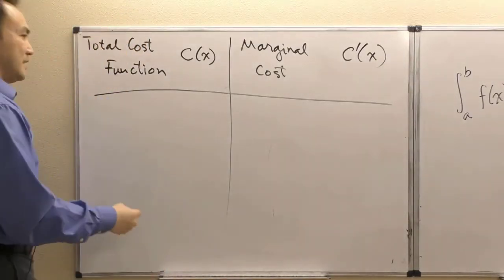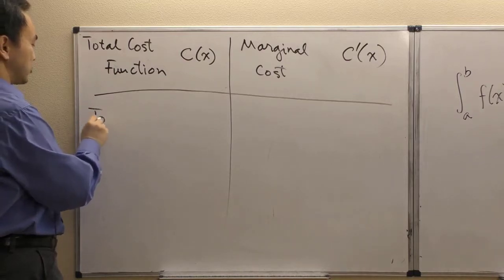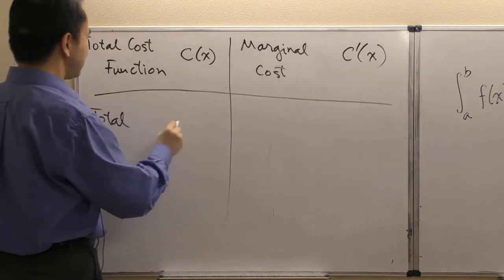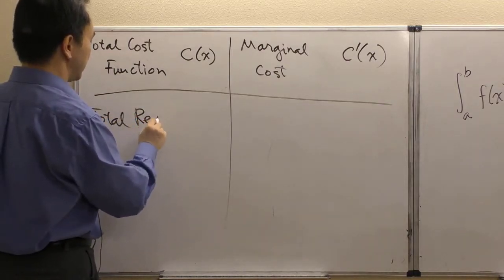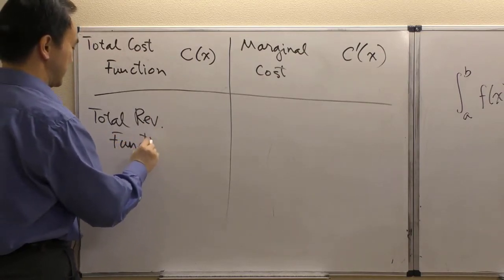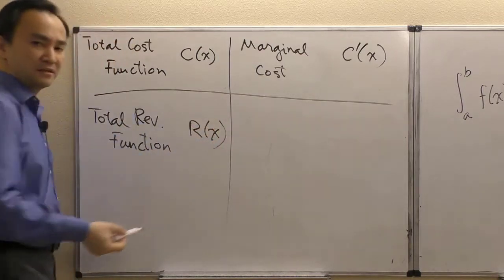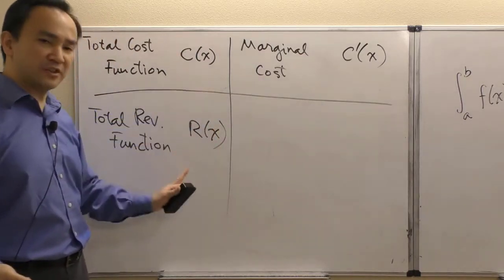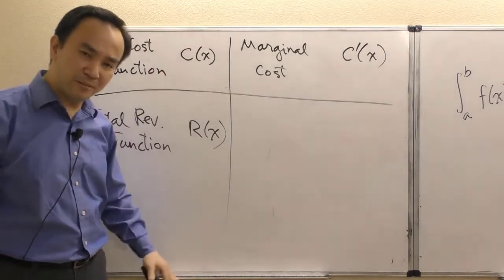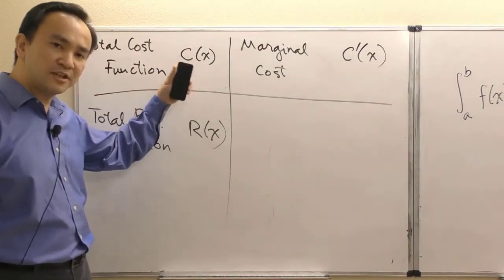And in a similar way, if we're looking at the total revenue, these fundamental quantities in business that anyone who's studying business math with me has been hearing me emphasize a lot: the cost, the revenue.